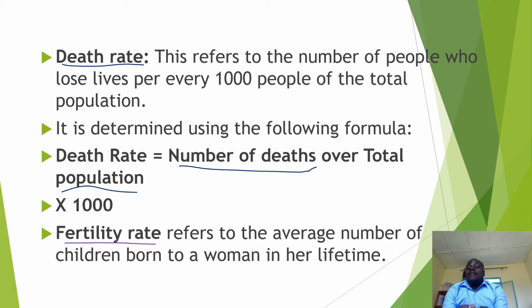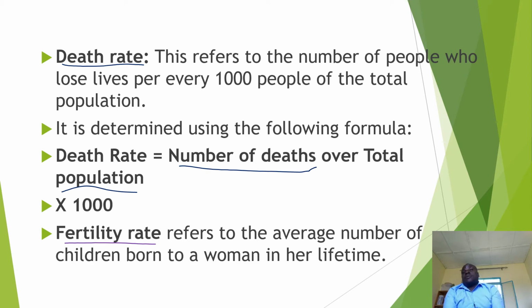It is the average number, not the total number. Average number of children born to a woman in her lifetime. Not all women have the same fertility rate. Others have a high fertility rate compared to the rest.